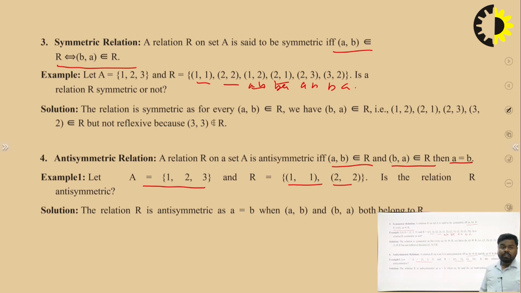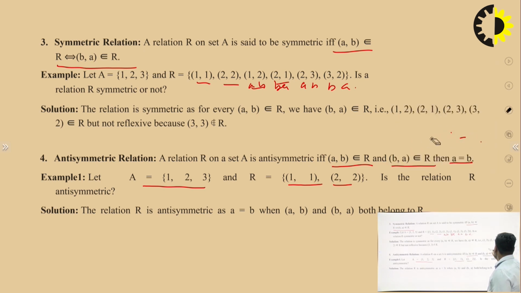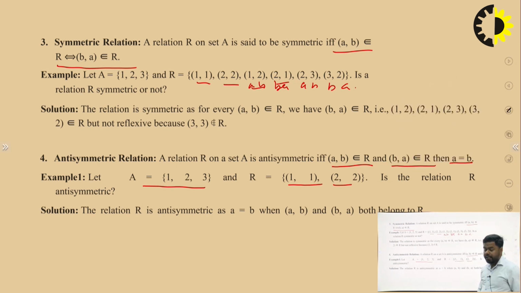Yeah, equal. And if a is not equal to b, then we have to check that (b,a) is not present. For antisymmetric, if (a,b) is present here, then (b,a) is not present.